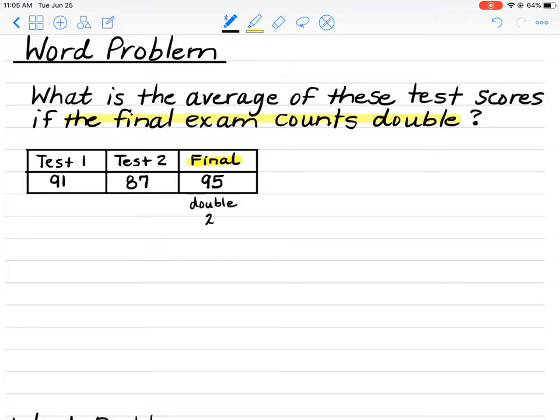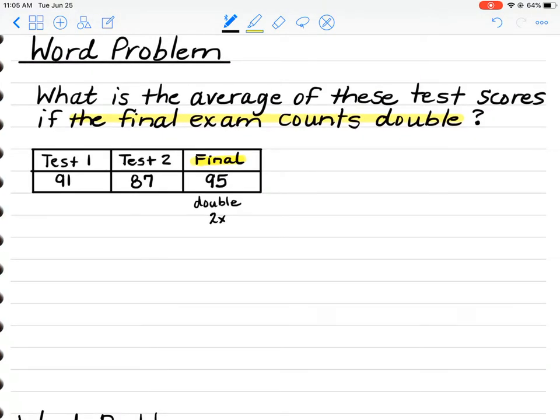So this is very much like the last one that we did. It's going to set up the same way and solve the same way. Now we're not doing yes or no this time, because it's not asking me if I passed or failed. It's just asking me to find the average of these scores.